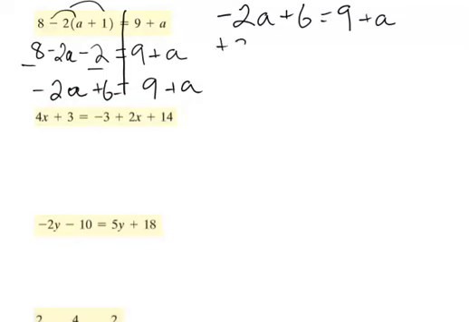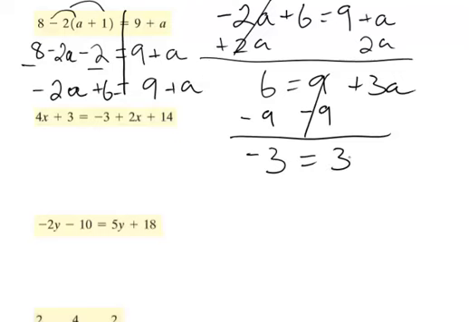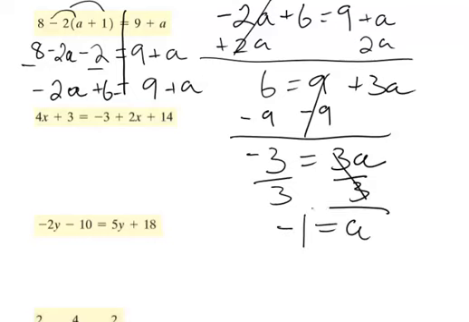And if I add 2a to both sides, that leaves me with 6 equals 9 plus 3a. If I minus 9 on both sides, that leaves me with negative 3 equals 3a. And when I finally divide both sides by 3, I should come up with negative 1 is equal to a.